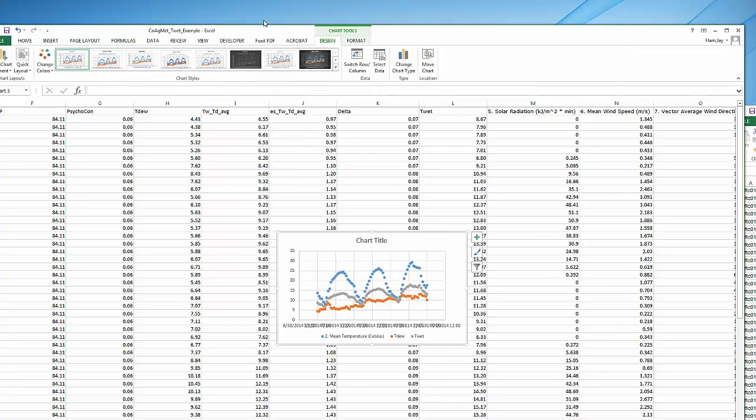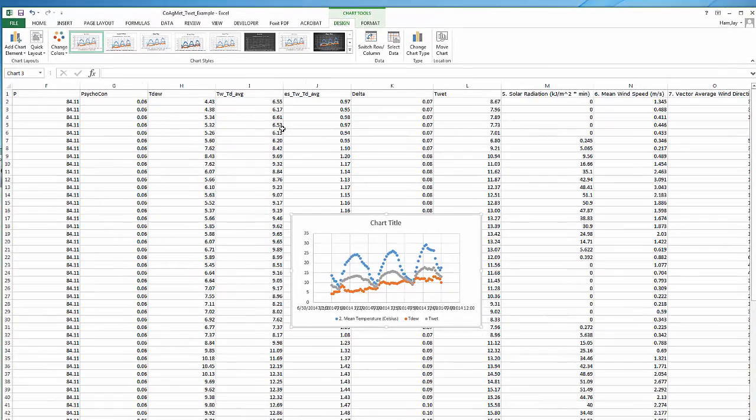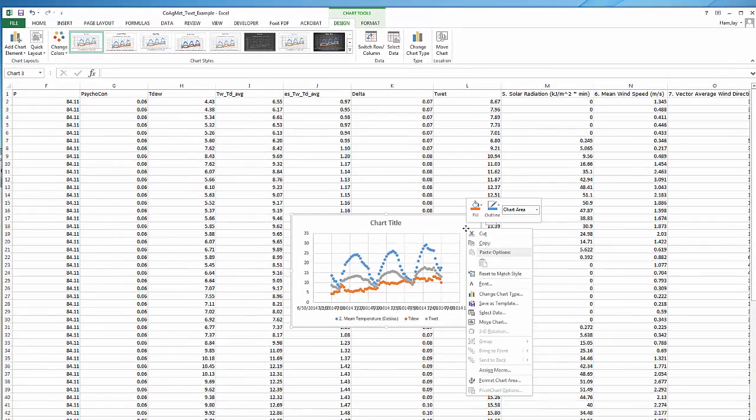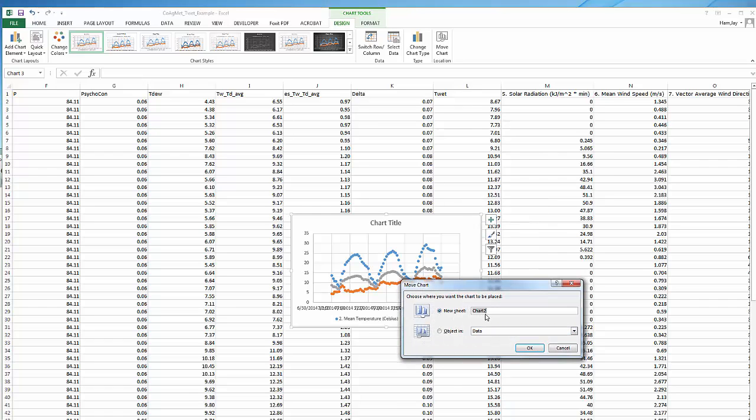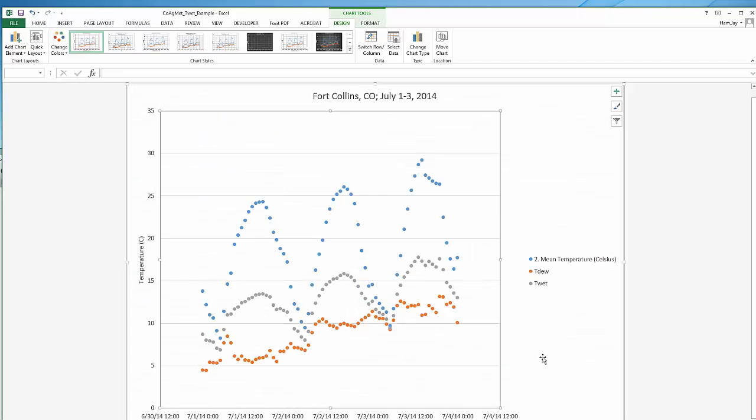There we have it. Let's move it up, right click, move chart, new sheet. I'm going to call it T-air, T-dew, and T-wet. And here's one that I've already formatted so you can look at it.